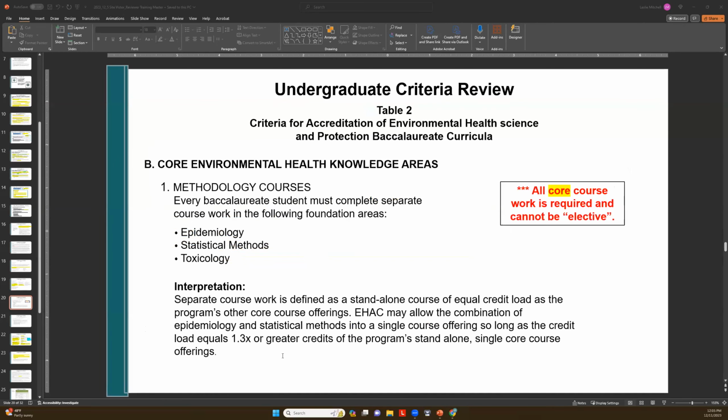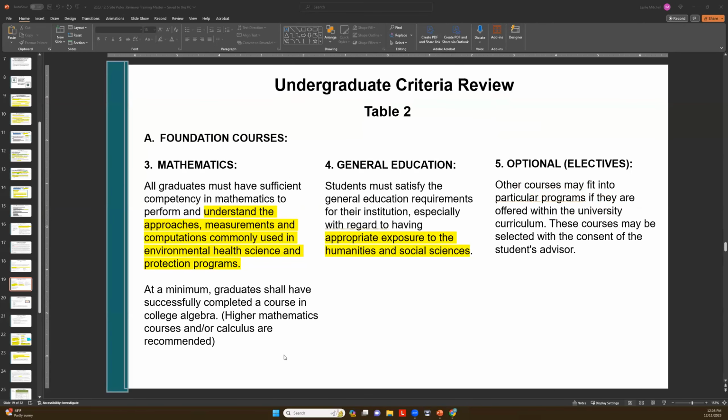One of the things that the site visitors have to do is, when they send out that initial letter, we want to make sure that the program has ready for us at least one set of transcripts for every year since their last accreditation.